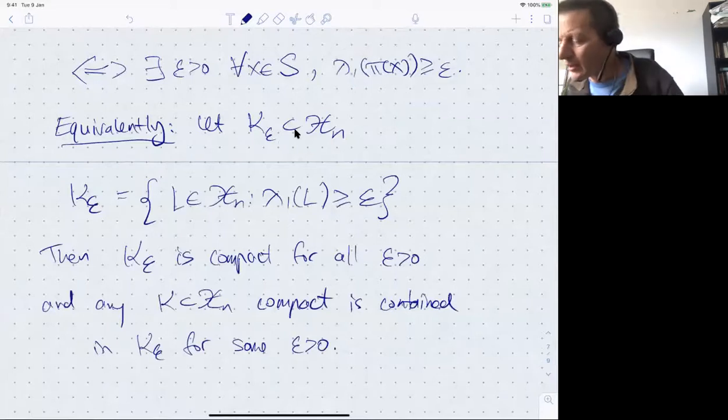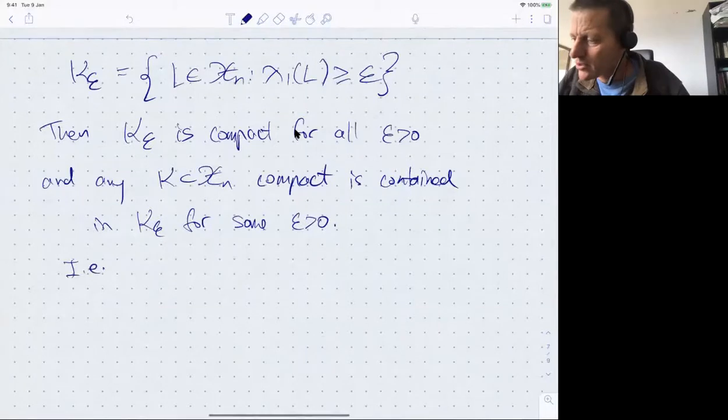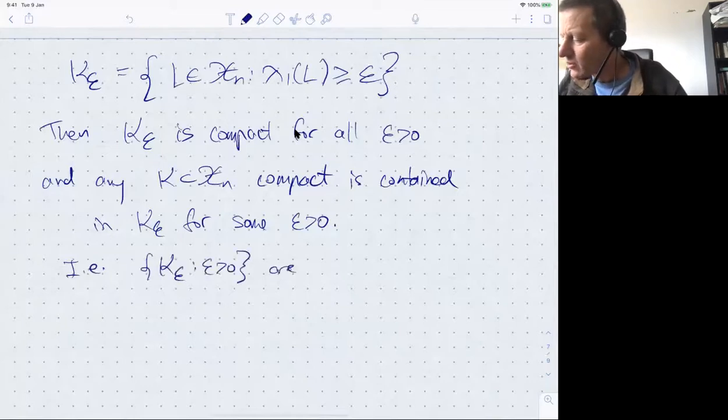These two things taken together have a name in topology, i.e. the sequence of sets K epsilon are a so-called exhaustion of this space.